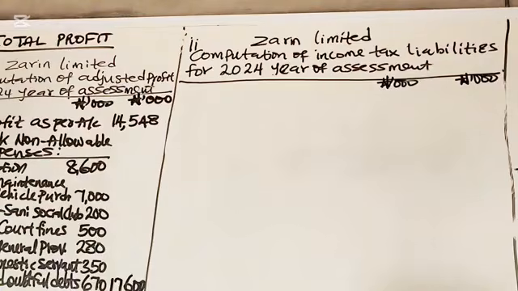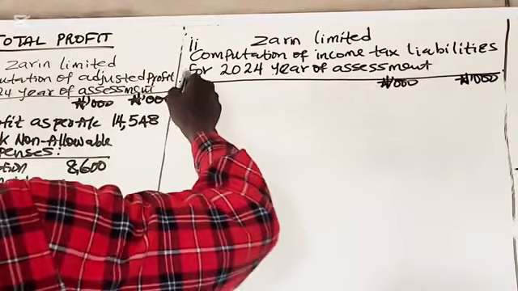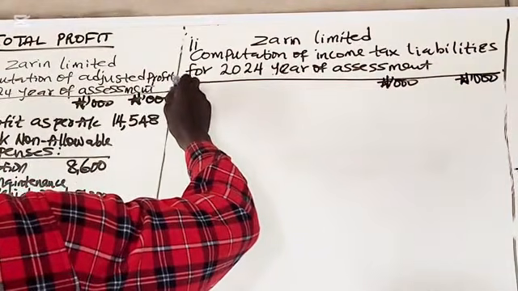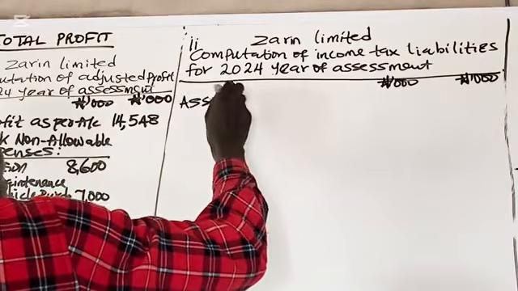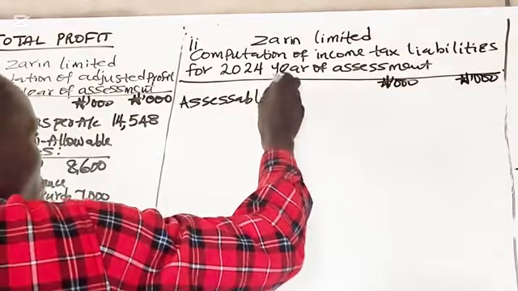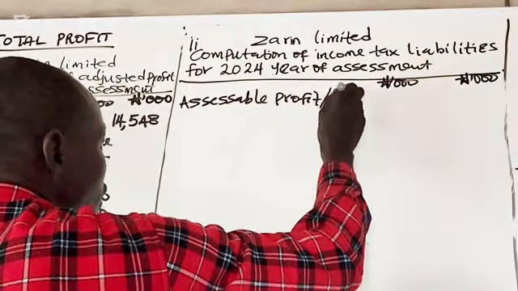From our computation, we have assessable profit, which is the same as our adjusted profit.